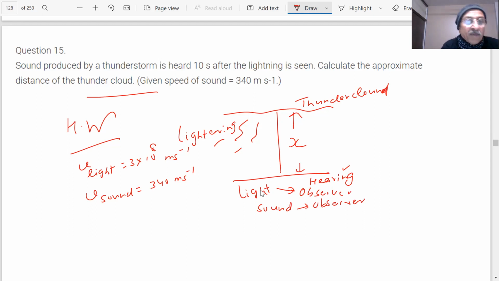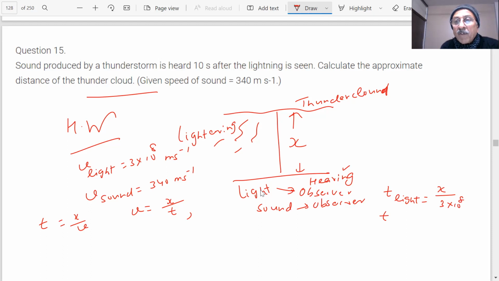What is the formula then? Velocity is equal to distance by time. Then what is t? Time is x by v. So what will be t for light, student? Time taken for the light is x by, what is the speed of light?